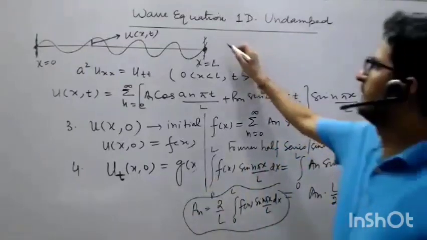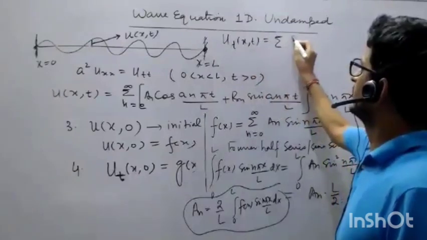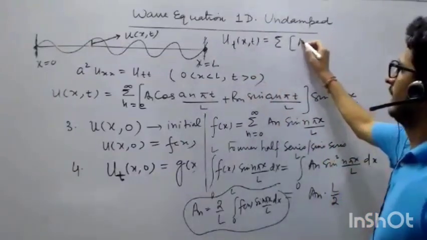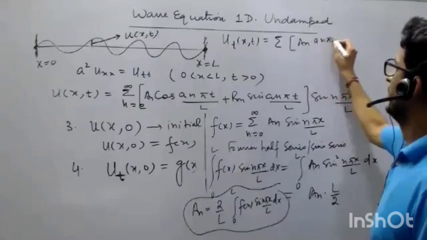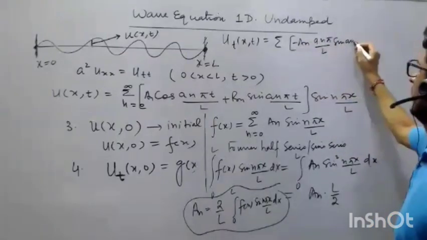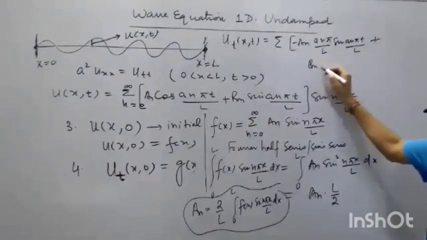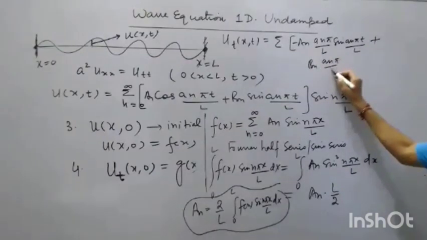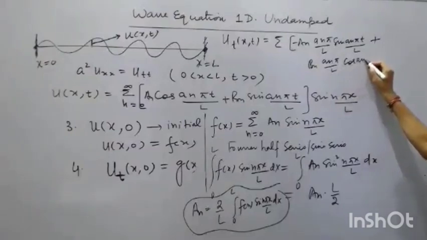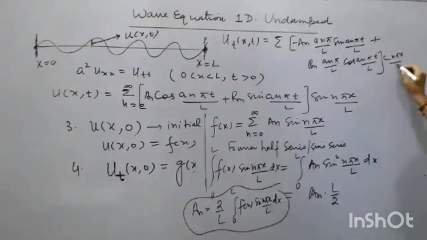So the first step will be to write ut of x comma t is equal to summation. This will become an times a n pi by l, and cos will become sine an pi t by l. Okay, and plus bn times a n pi by l cos a n pi t by l into sin n pi x by l, just differentiating with respect to t.